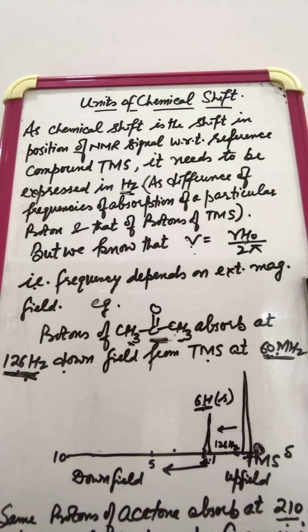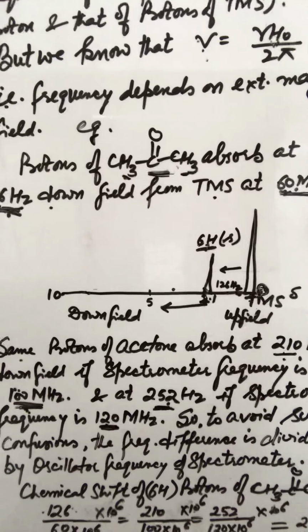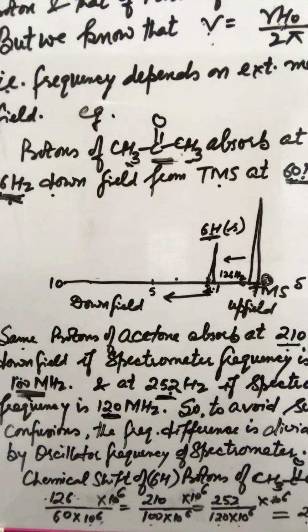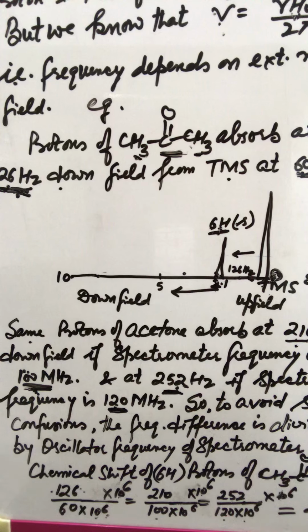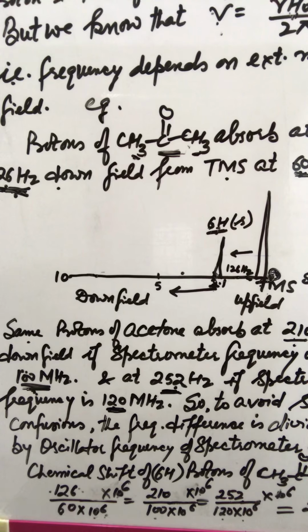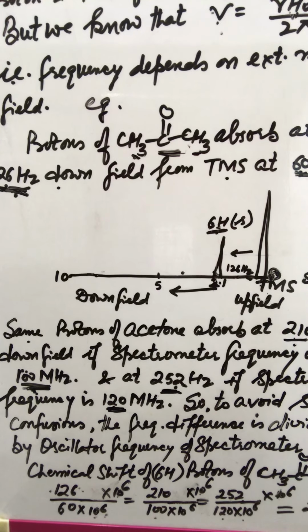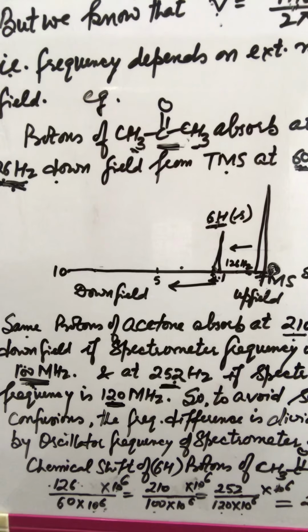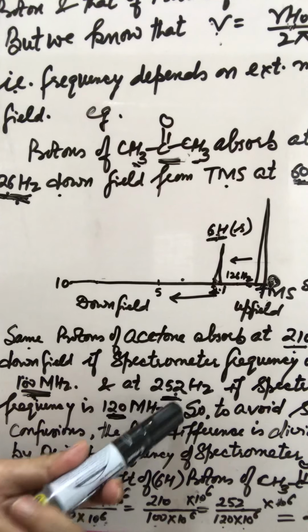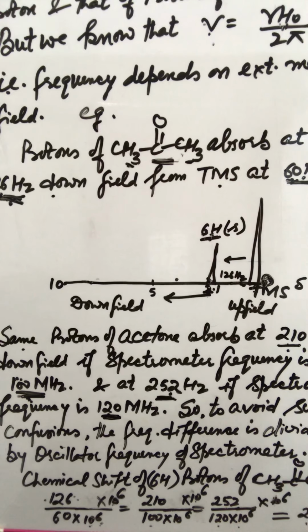So now where does the problem arise? The problem is the frequency of the oscillator. Oscillator frequency means कि जिन्होंने कहा कि 126 हर्ट्ज डाउनफील्ड आया है, एक्चुअली उनके स्पेक्ट्रोमीटर की जो ऑसिलेटर फ्रीक्वेंसी थी वो 60 मेगाहर्ट्ज थी. जिन्होंने कहा 210 हर्ट्ज आया है, they had run the spectrum on the spectrometer with 100 megahertz frequency, और जिन्होंने कहा कि 252 हर्ट्ज आया है उन्होंने 120 मेगाहर्ट्ज यूज़ किया.